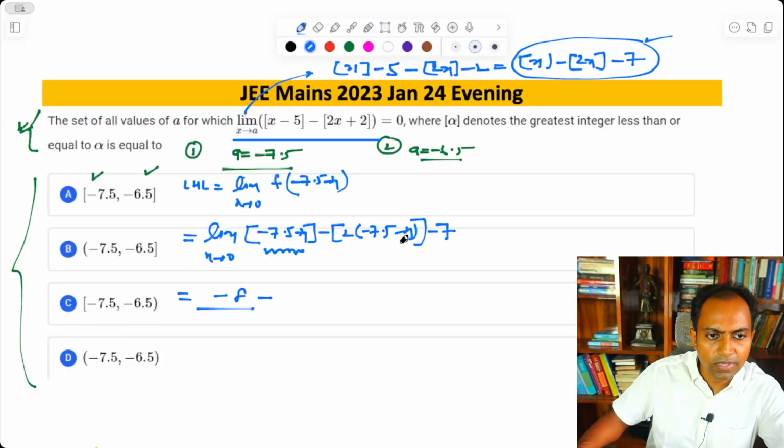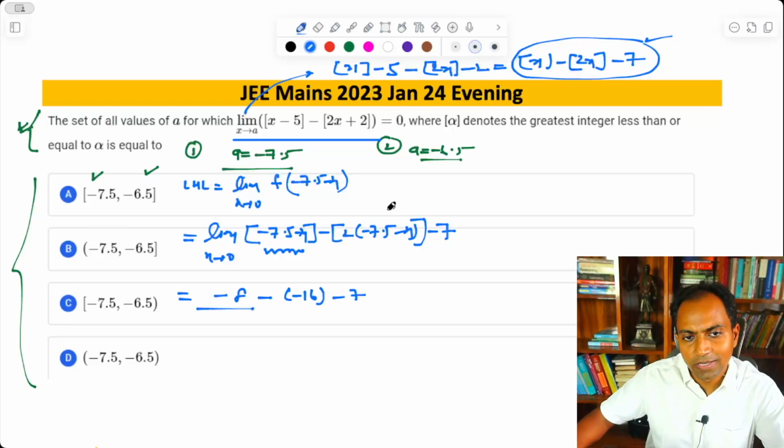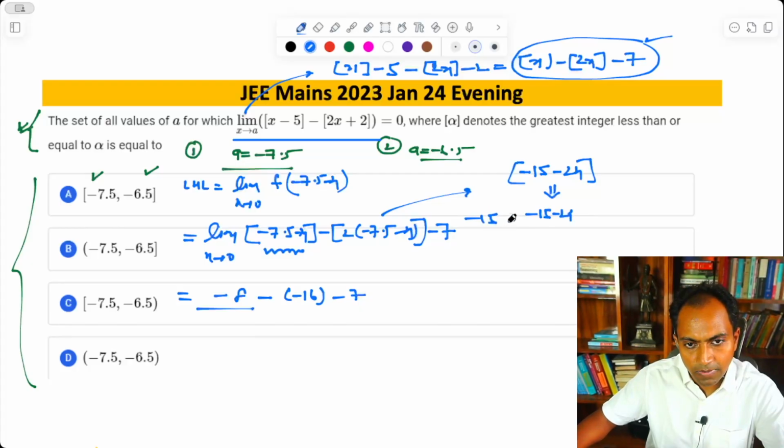Let me qualify what I am saying. If I multiply it by 2, this becomes minus 15 minus 2h. So this value lies between minus 16 and minus 15. So the value of this would become minus 16. This is what I have done.